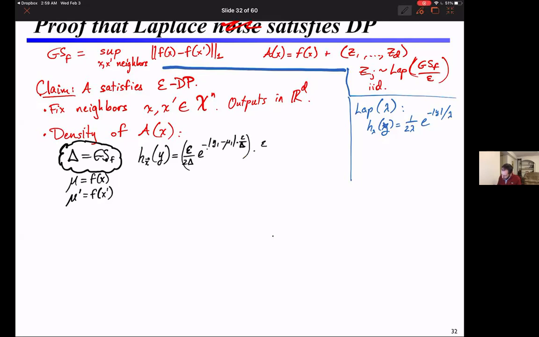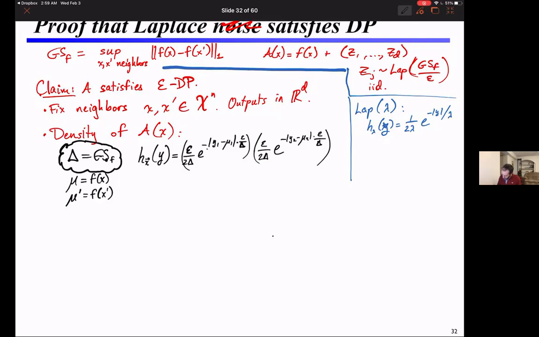The contribution from the second component is going to be based on how far y2 is from mu2. Okay, and again, each of these is being multiplied in the exponent by epsilon over delta, because that's the scaling factor. We're scaling the distribution by delta over epsilon.